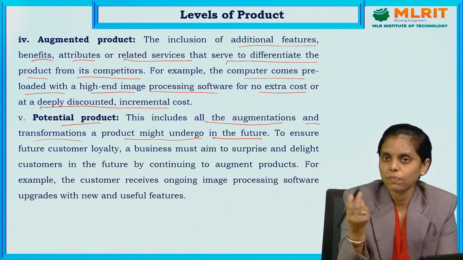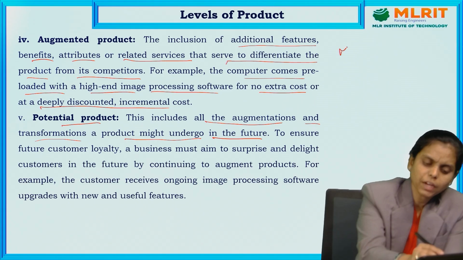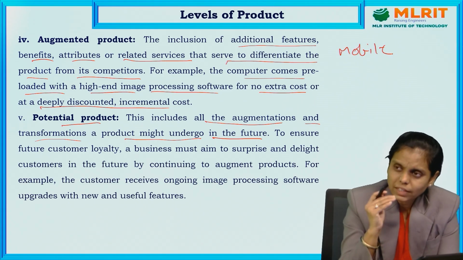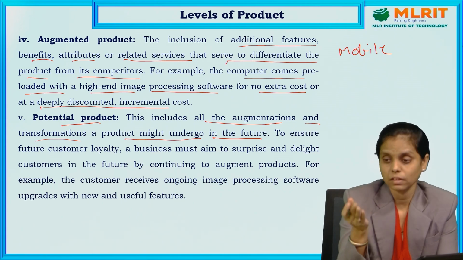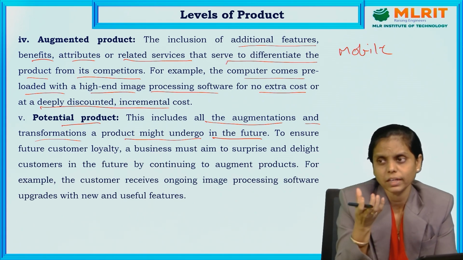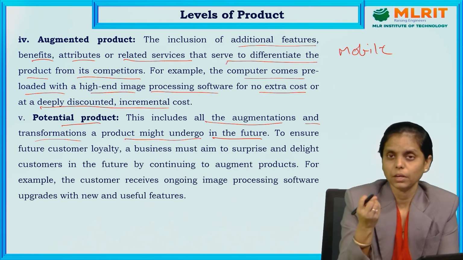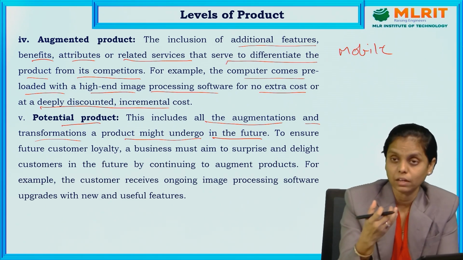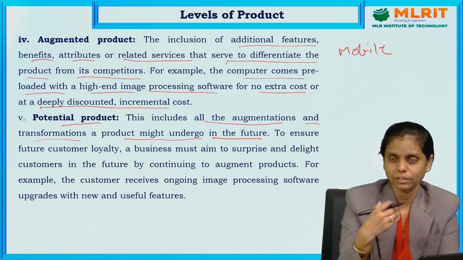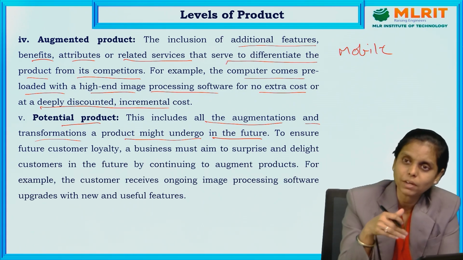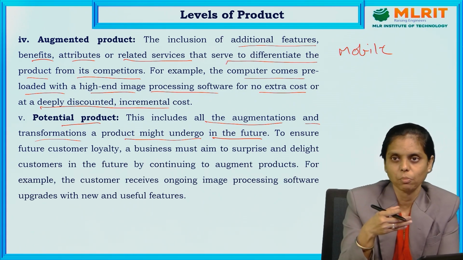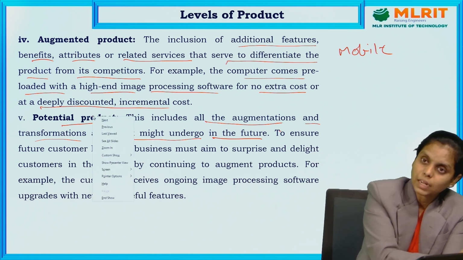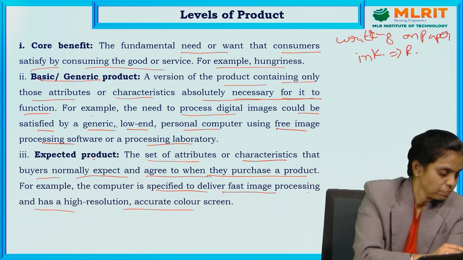For example, with mobiles, every two years, even every year, the latest software comes out. Instead of changing my mobile every year, I want to upgrade it, so future requirements are also supported. Such features we consider under the potential level.